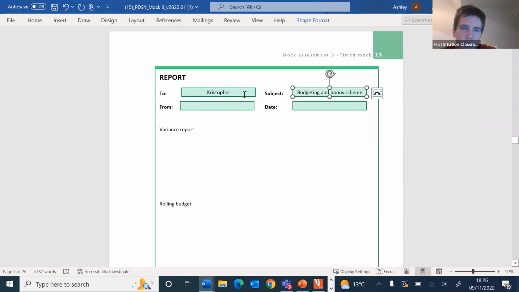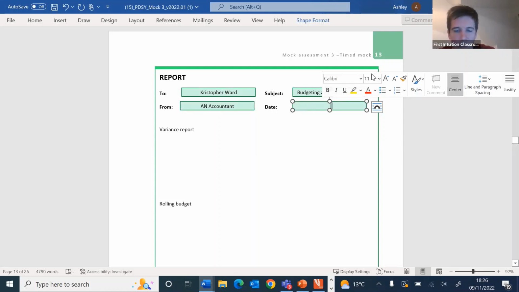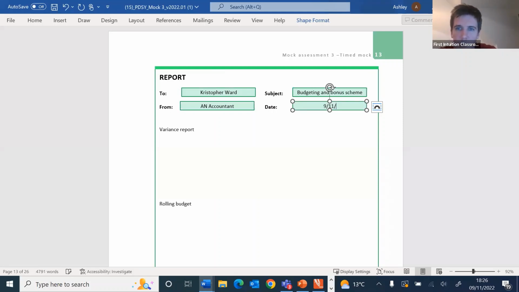Not that, as I said, I don't think they're going to be this specific. And then the date. You wouldn't have to bother with this, but let's just go for that.